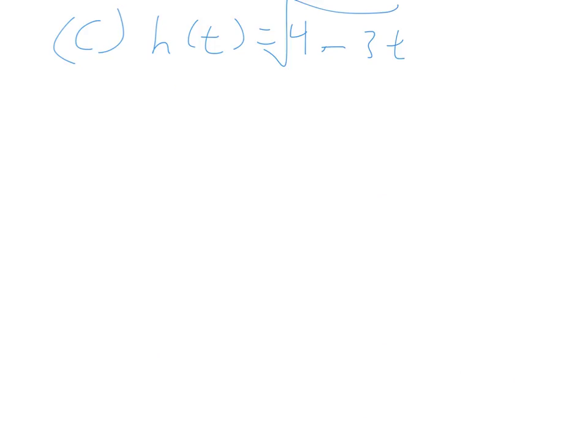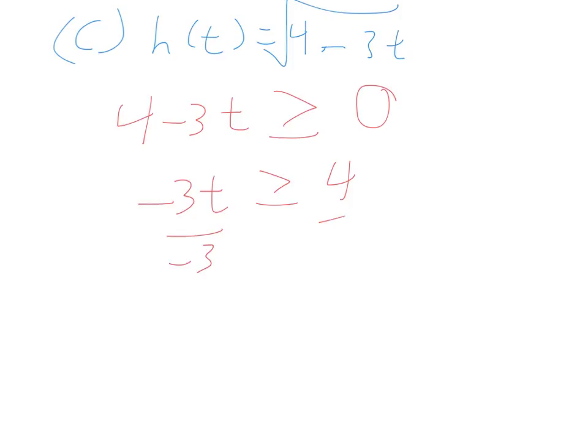And for h of t equals square root of 4 minus 3t. Notice we have a radical here, and since it's a square root, we need to make sure that the stuff that's underneath the radical is greater than or equal to 0. So if we solve it for t, negative 3t must be greater than or equal to negative 4.